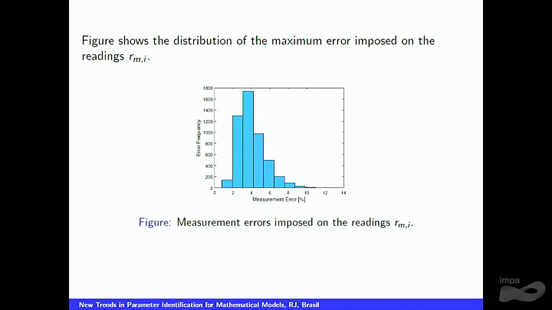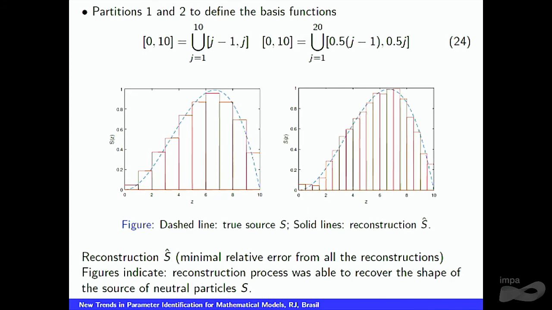So here we can see, for example, the measurement errors imposed on our readings in these 5,000 tests, and the results that we obtain if you consider two different partitions, 10 and 20 partitions, to establish the domains of the basis functions.